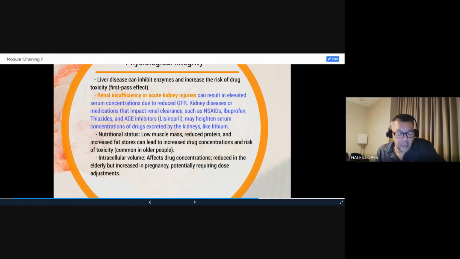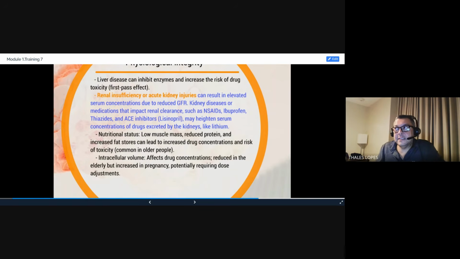Okay, now let's talk about lithium. Okay? Kidney diseases, specifically NSAIDs, ibuprofen, and lithium will cause lithium levels to double. Any kidney injury, acute or chronic, could cause lithium levels to elevate.